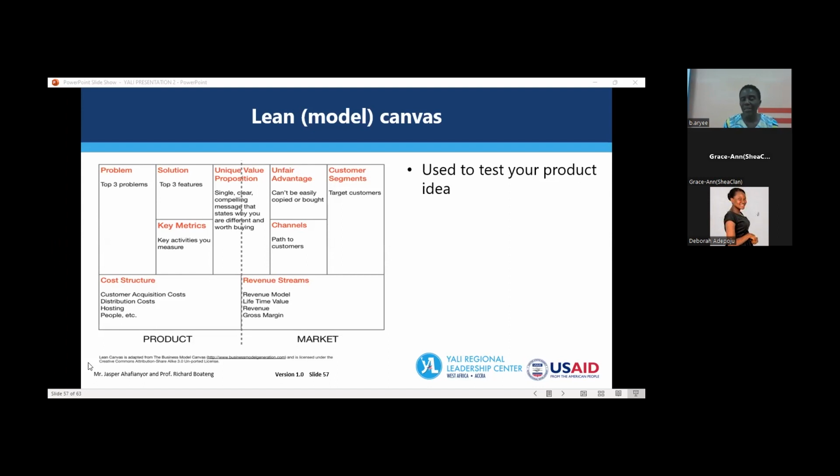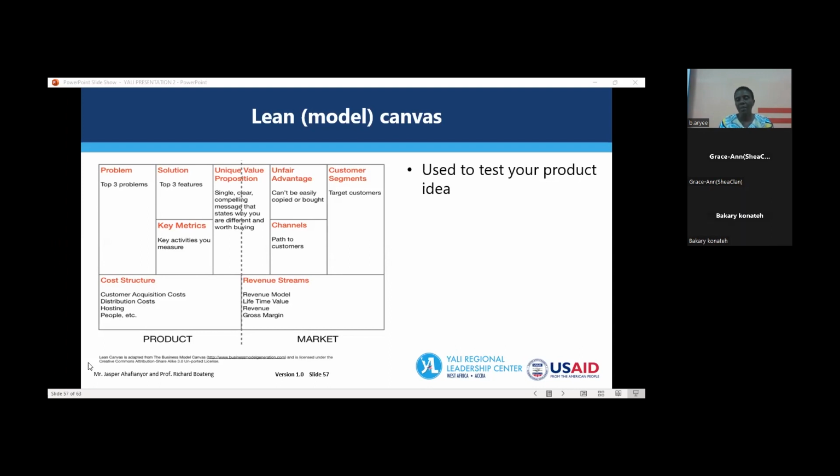Then the next thing would be, do you have any unfair advantage? And you should look for an unfair advantage. An unfair advantage is an advantage that cannot be easily copied or bought. Who can give me an unfair advantage in Grace Ann's situation? What would be an unfair advantage, for example?